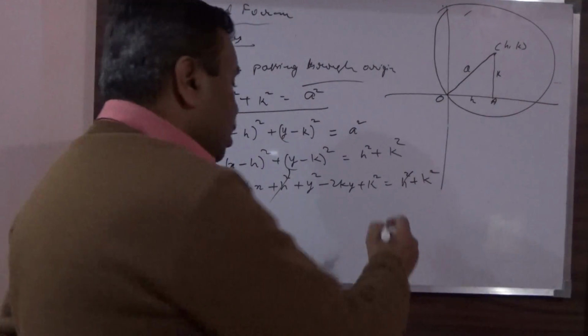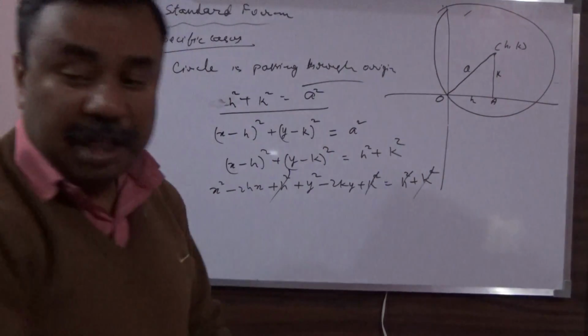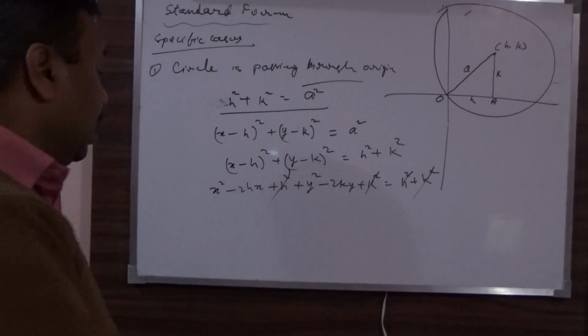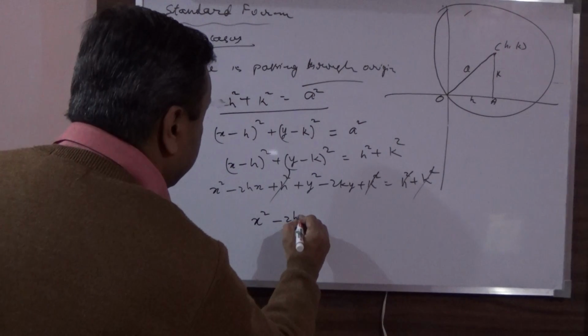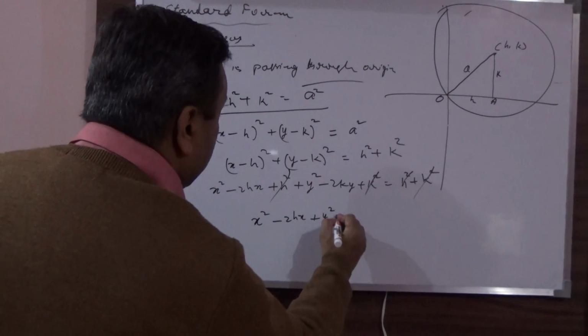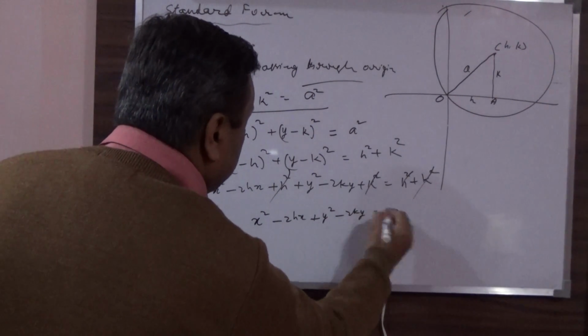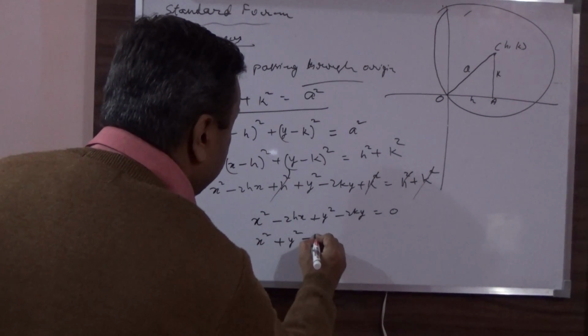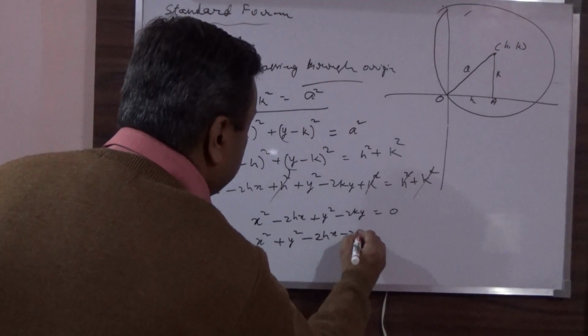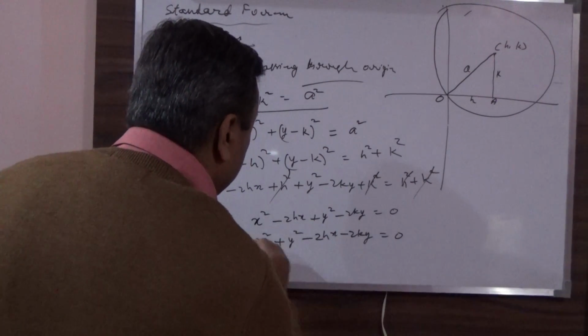Similarly, k square is this side also and this side also, so it will also be cancelled. So my residual equation becomes x square minus 2hx plus y square minus 2ky is equal to 0, or I can rearrange it, x square plus y square minus 2hx minus 2ky is equal to 0.